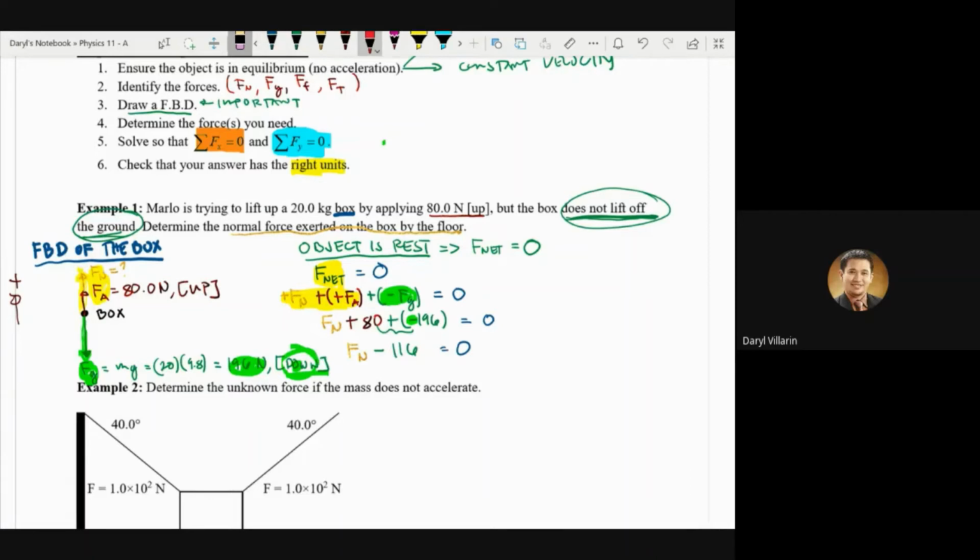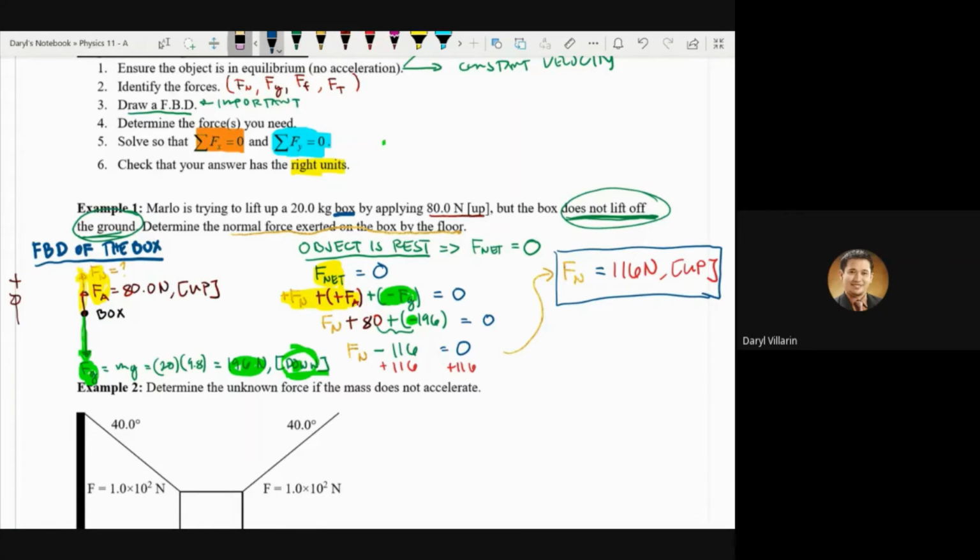So I need to add 116 to both sides. If I do that, I have my Fn on one side, and this will give me 116 Newtons, and the direction would be up. Okay, so the normal force in this particular case is equal to 116 newtons upward.